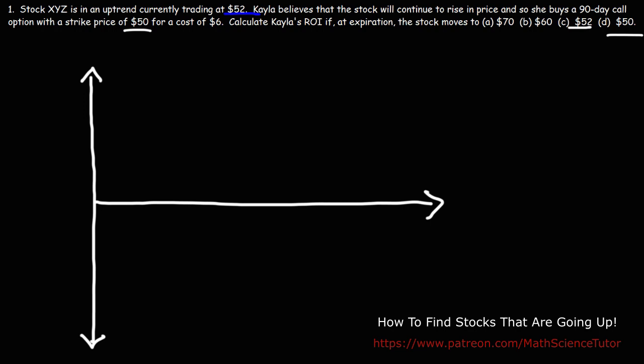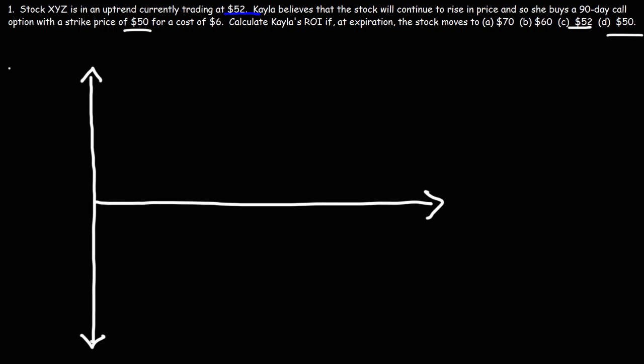So the positive y-axis, that is above, that is this area, that is the profit region. Anywhere above the x-axis, this strategy is profitable. Below the x-axis, you're looking at a loss.